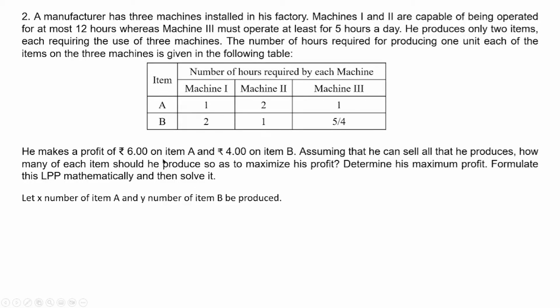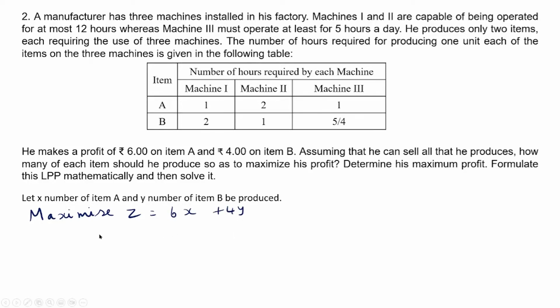On 1 unit of item A, the profit is rupees 6. So on x units, the profit will be 6x, and on y units, the profit will be 4y. So this is the objective function. The objective function is to maximize z is equal to 6x plus 4y.